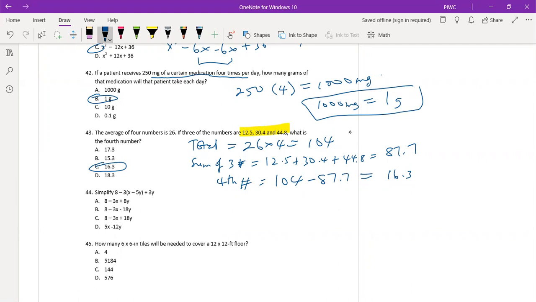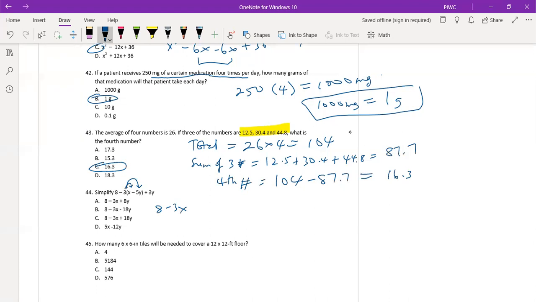And then 44 says simplify. So to simplify, it means that we have to distribute and get rid of parentheses in this question. So we have to multiply the number in front of parentheses by everything within the parentheses. Okay. So I have 8 minus 3 times x, so negative 3x.